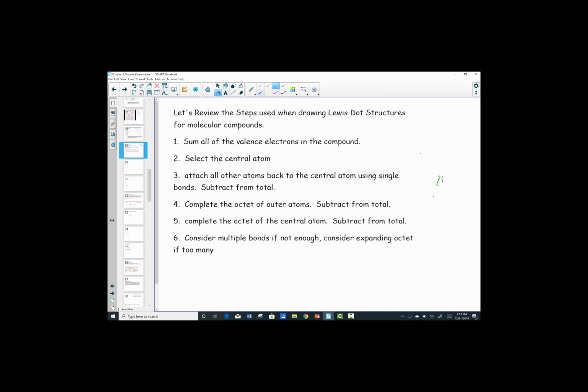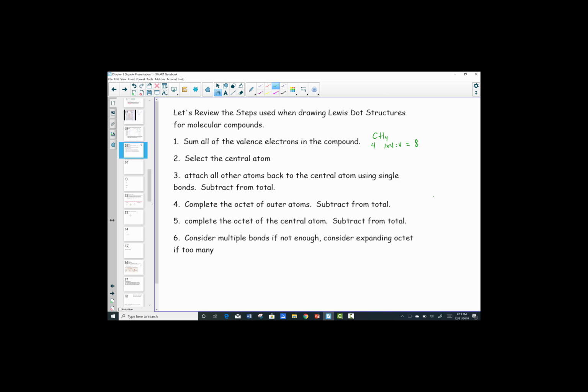What that means, for instance, is if we have a compound such as methane, CH4, carbon lives in group 4, so it's going to contribute 4 valence electrons. Hydrogen lives in group 1, but there's 4 of them all together, so the hydrogens contribute a total of 4, meaning we have 8 electrons available for drawing a structure of CH4.